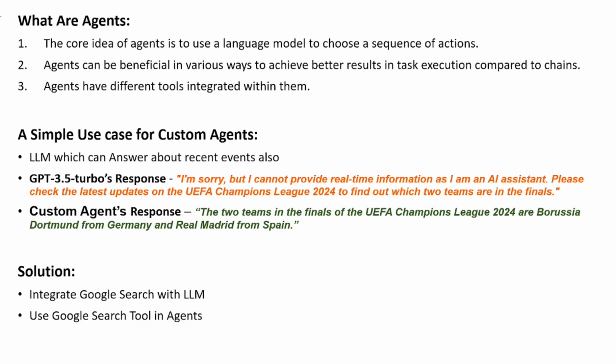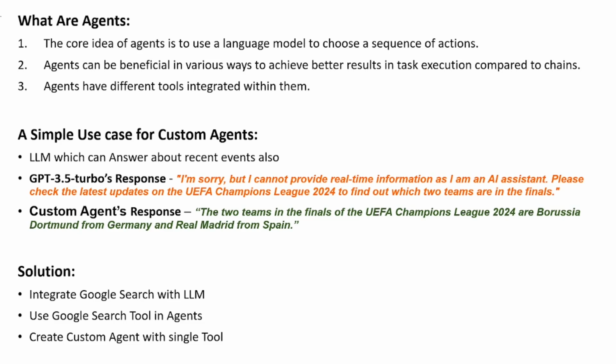The problem would be that the agent needs to think more to find out which particular tool to use for which particular task, and the accuracy would be lower than what we wanted to achieve. So for that purpose, we can create our own custom agent where we utilize only a single tool, which will be the Google search tool.